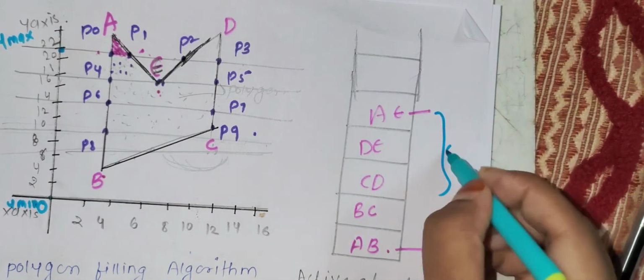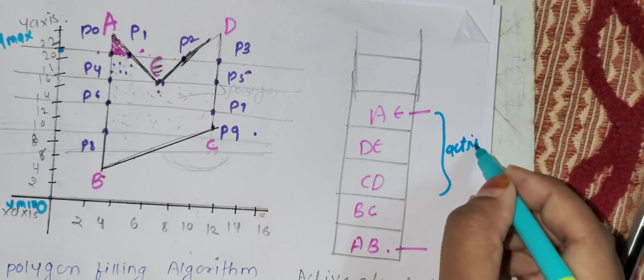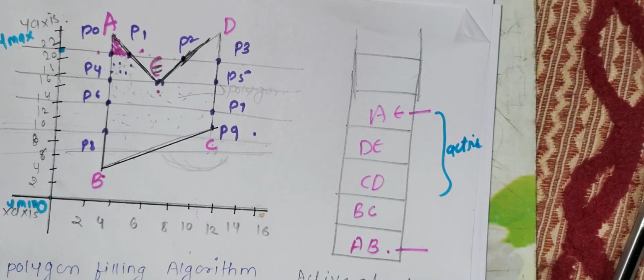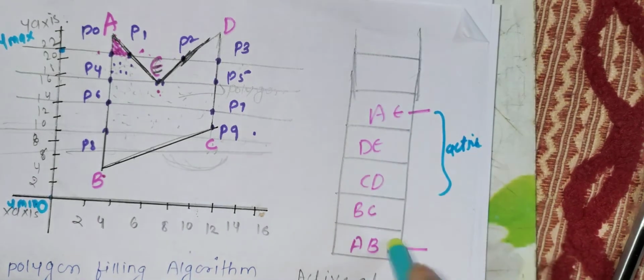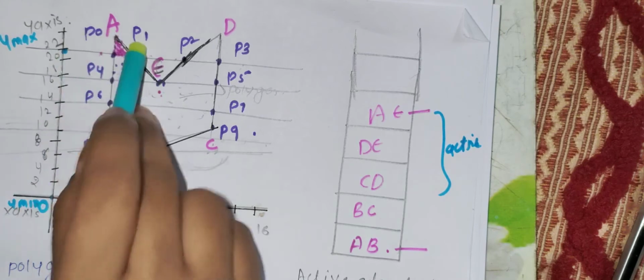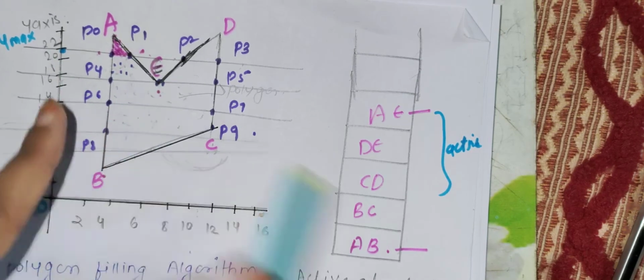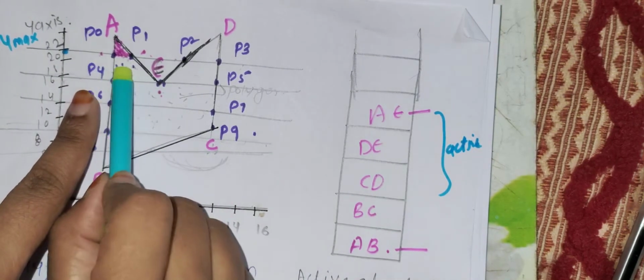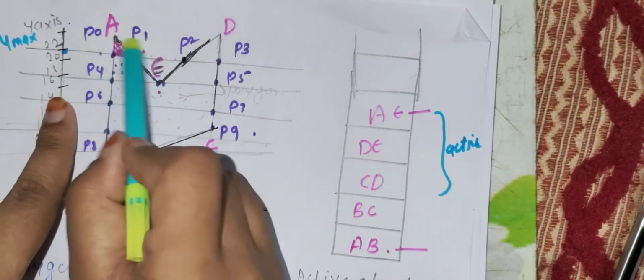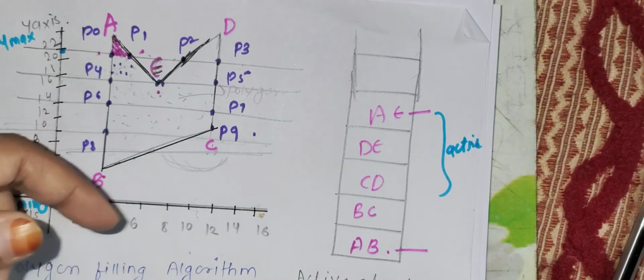At that time they will be active and the other edges will be deactivated. When AE and AB provide the permission for P0 and P1, they fill the polygon one by one.